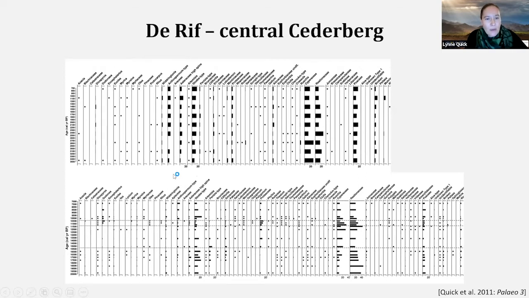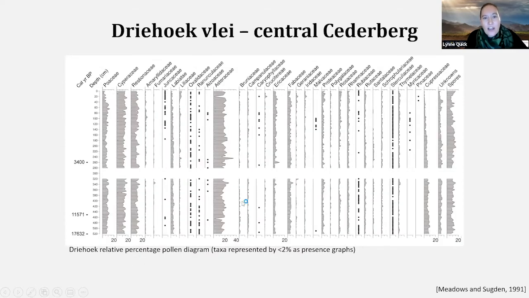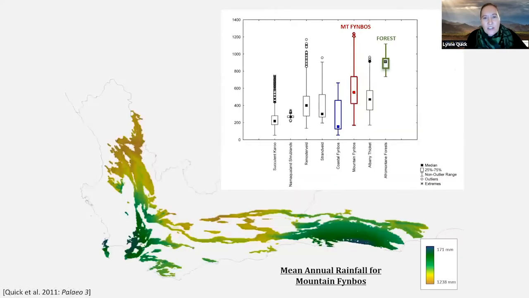The idea that we came up with there, and this translates to other records within the region, much older ones, where there's even less change happening within these pollen records, is that potentially the mountain fynbos vegetation within these types of regions is quite resilient to climate change.